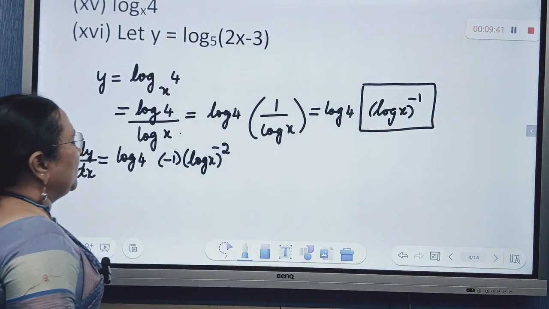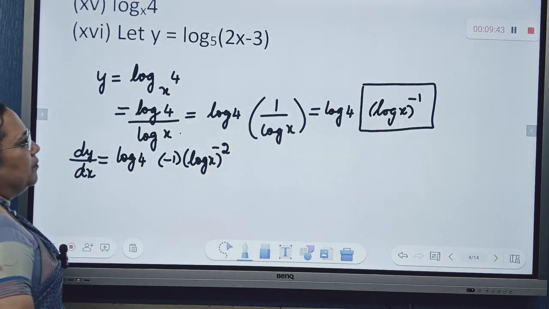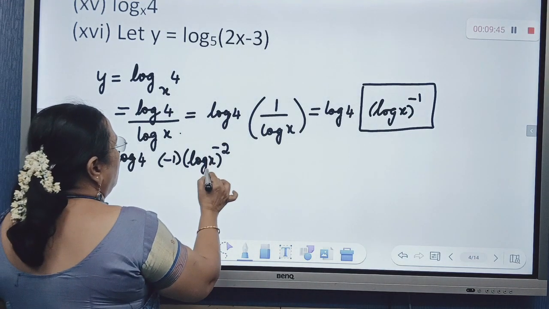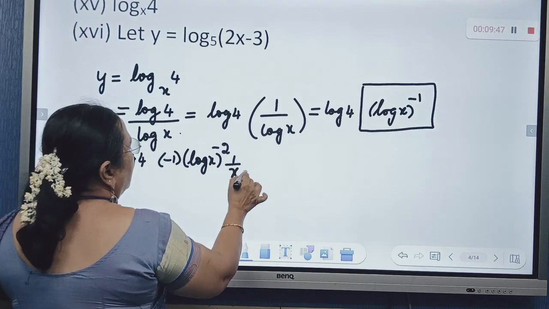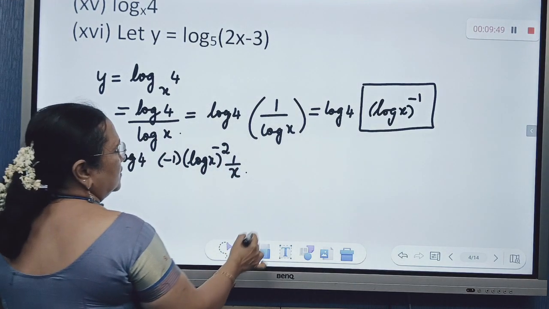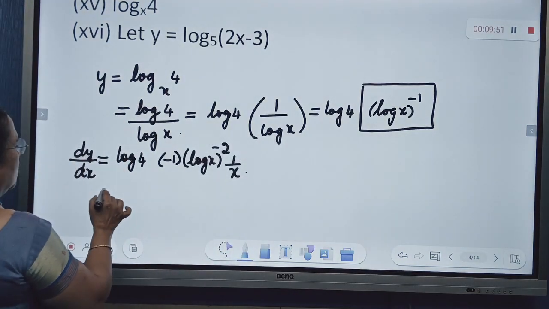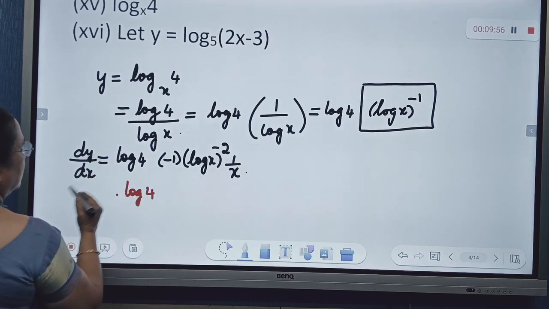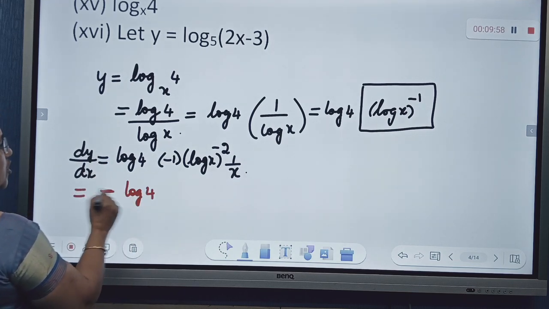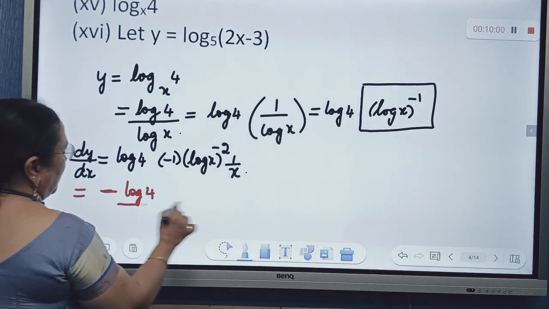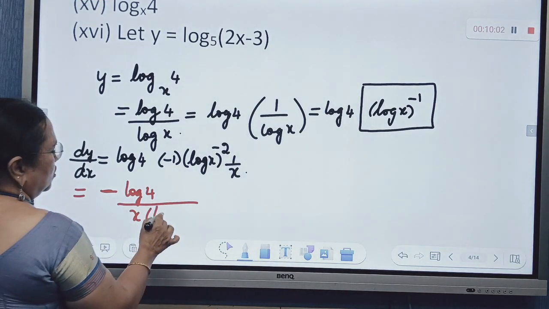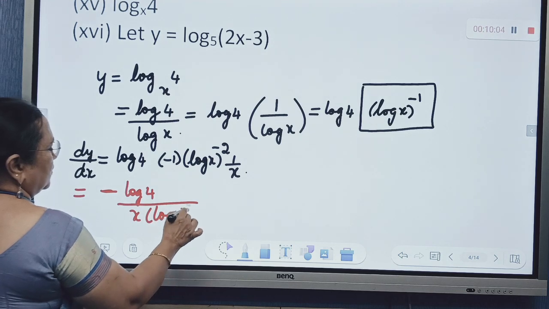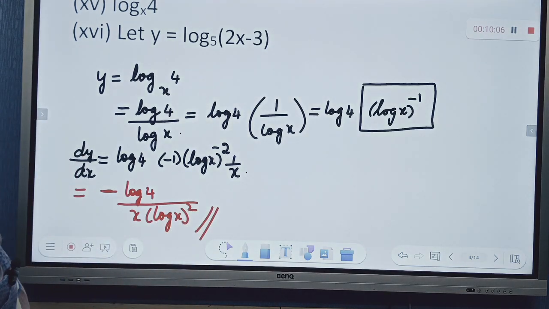That is minus 1 into log x to the power minus 2 into derivative of log x, which is 1 by x. So dy by dx is log 4 minus log 4 by x into log x the whole square. Is it clear?